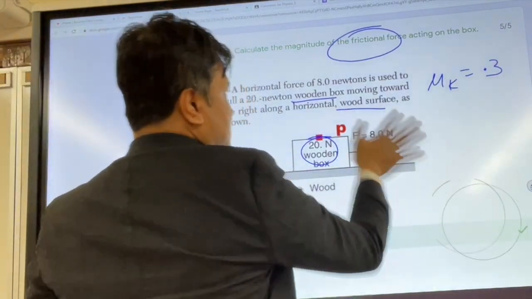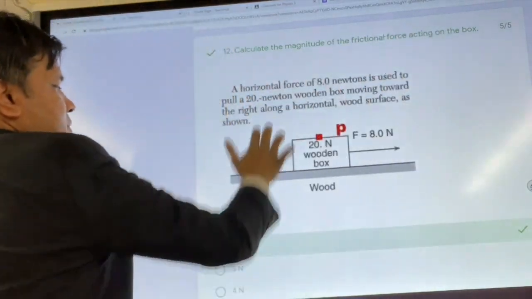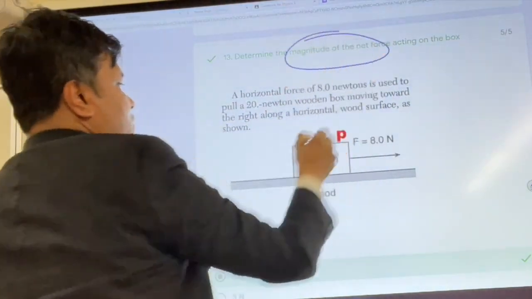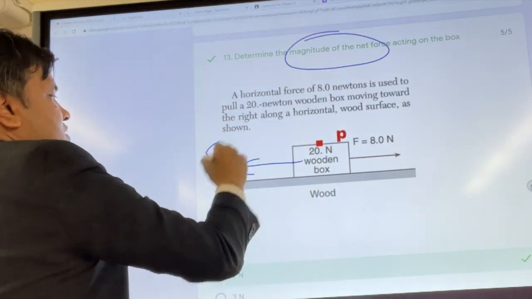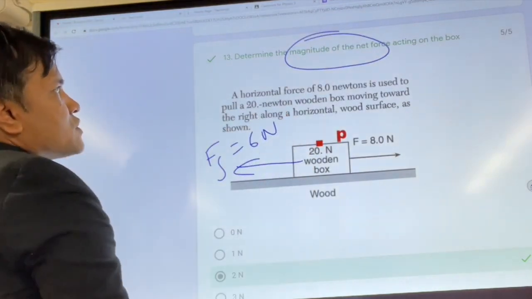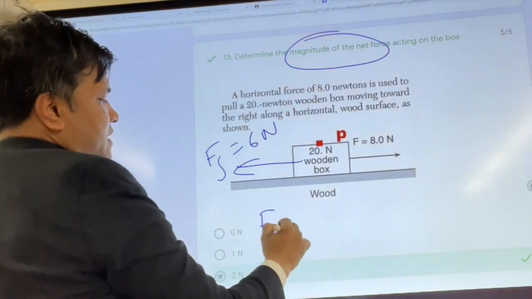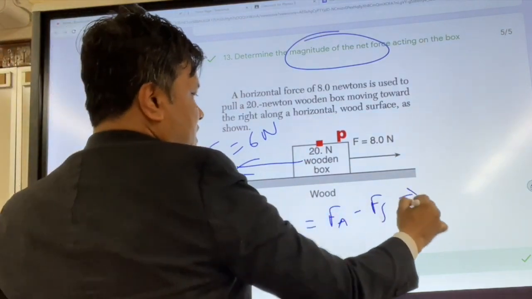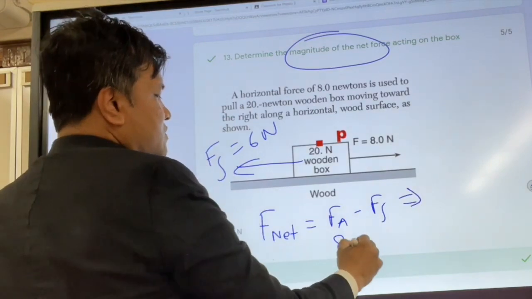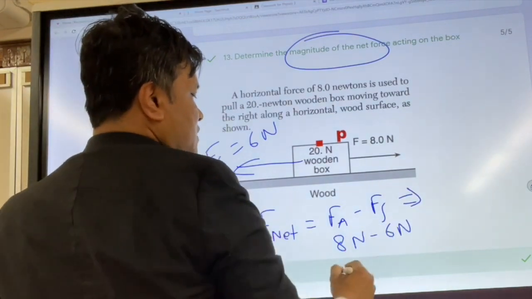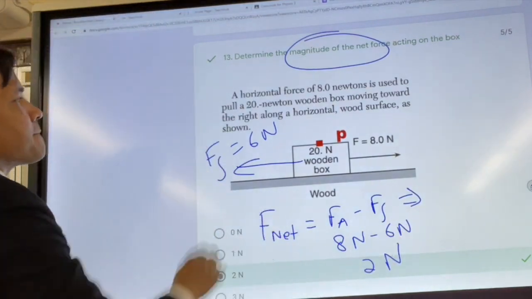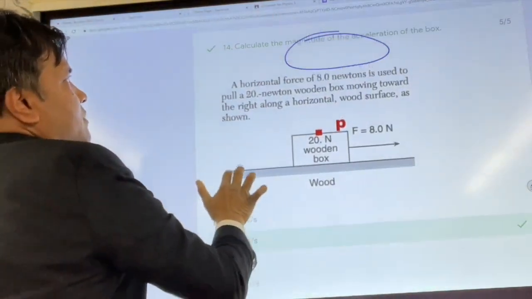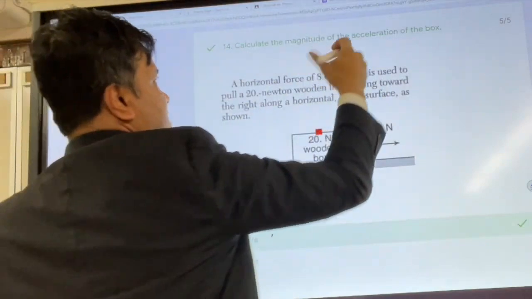Number 13 is find the magnitude of the net force. We know friction is 6 Newton. So F net is Fa minus Ff, so 8 Newton minus 6 Newton, 2 Newton. That takes us to number 14. We have to find the acceleration.